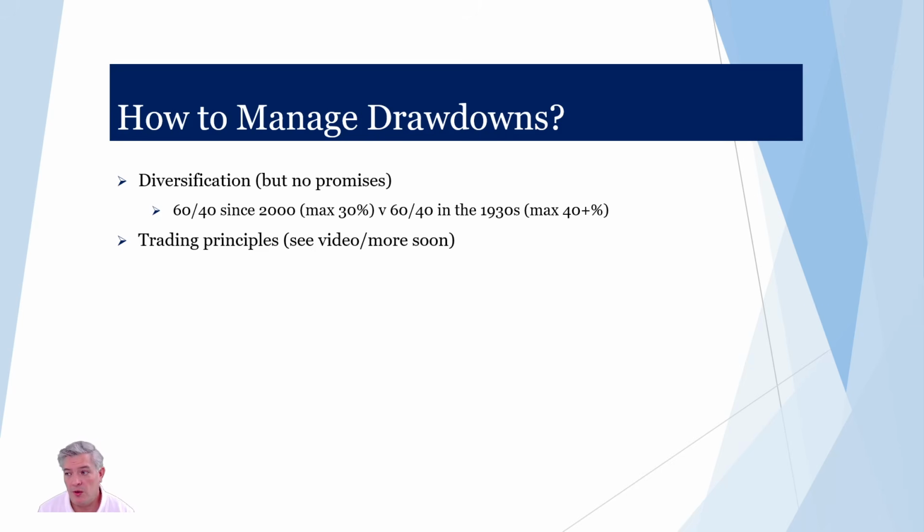How much was it down if you could look at daily data? 50, 60? I don't know. But you can get really ugly drawdowns with diversified portfolios because markets may not play nice together. And if you just look at the last 20 or so years, it may not be a really apt representation of what's to come. So diversification is one way to manage drawdowns, but it is a potentially flawed way.